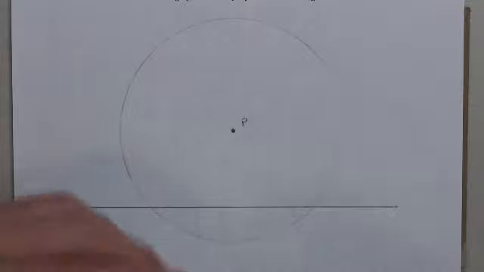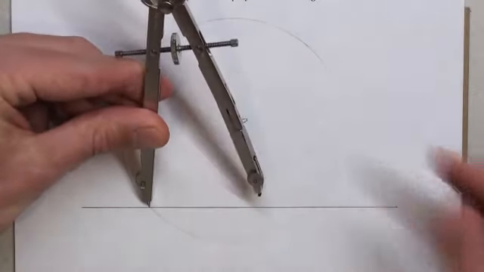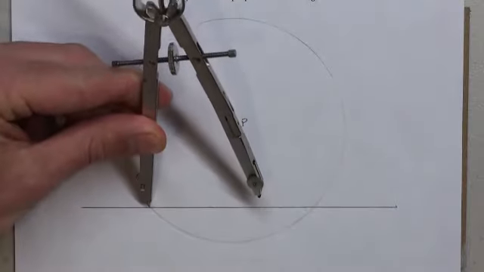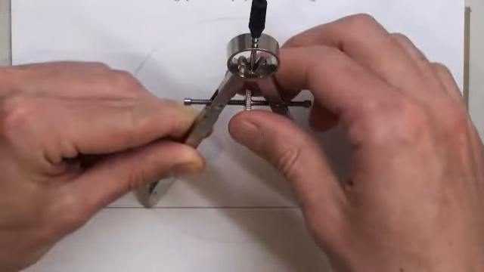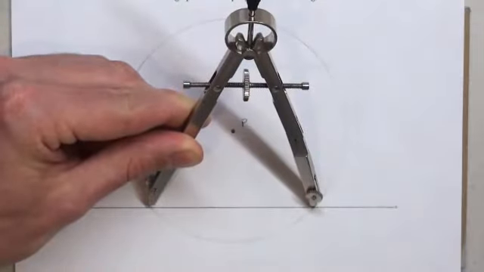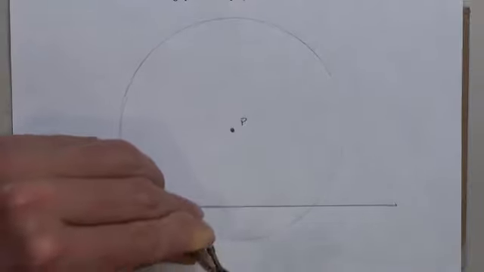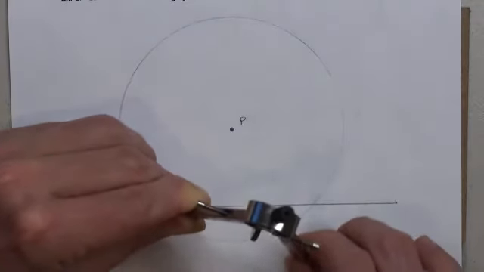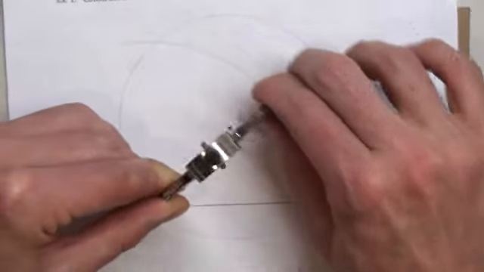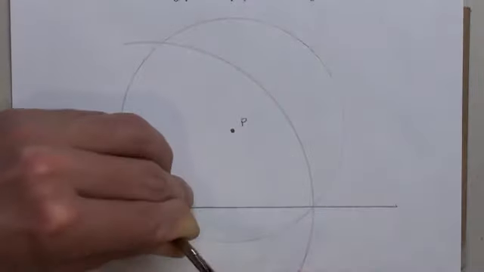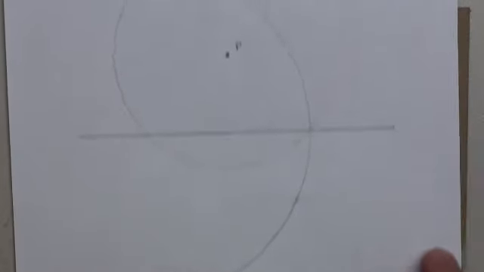Now, I put my compass point on the left side where the circle crosses the line and open up my pencil to the right side where it crosses the line. And I draw a semicircle. A semicircle goes from below the point to above the point. Okay, so you see I have a semicircle.